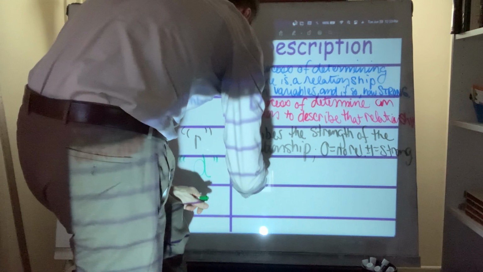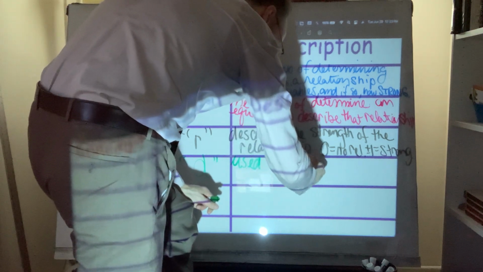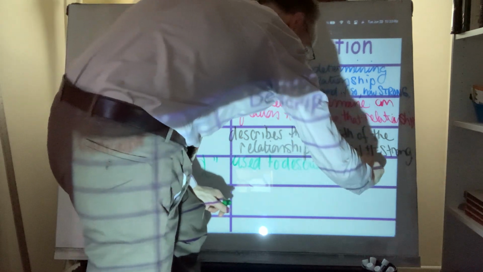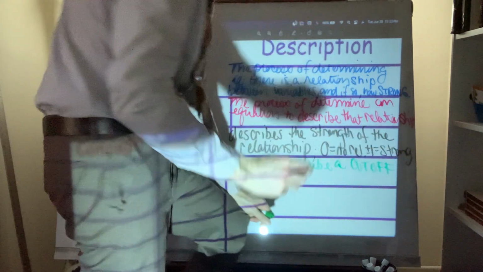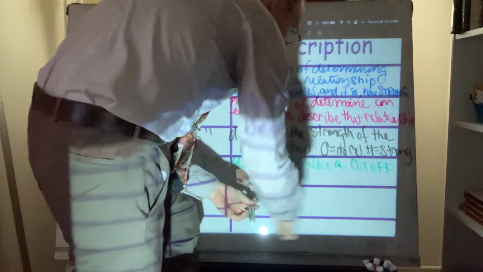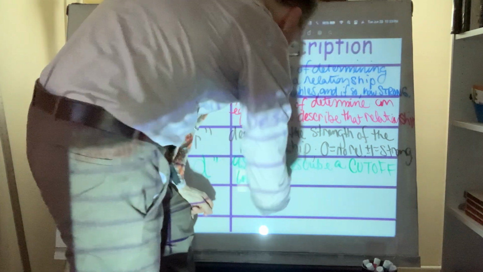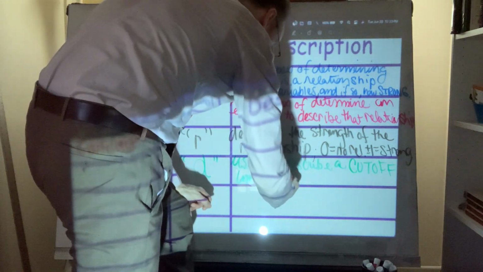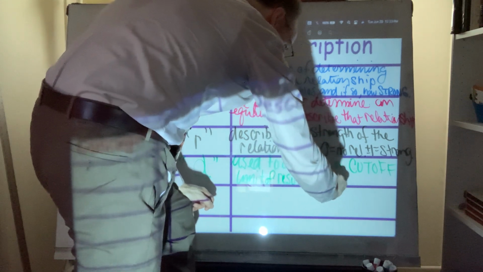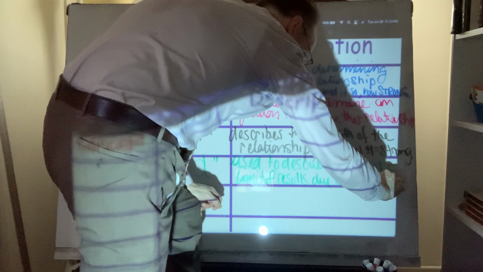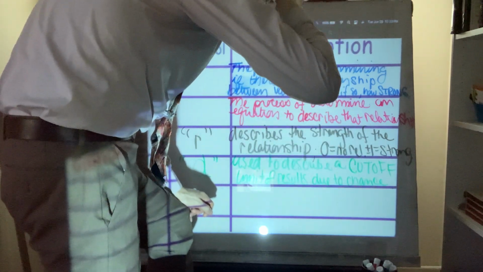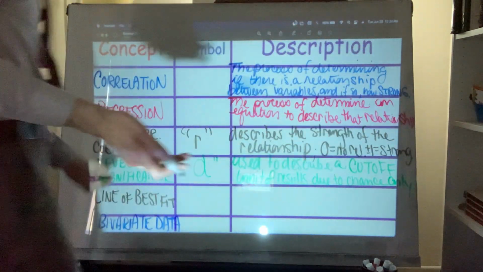This is used to describe a cutoff point, a cutoff limit of results due to chance only, rather than having a genuine relationship.